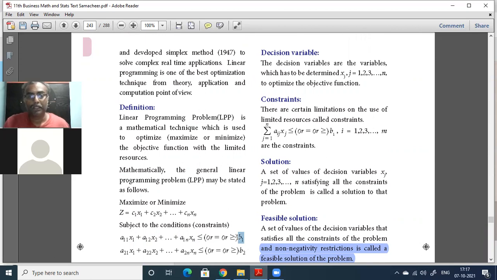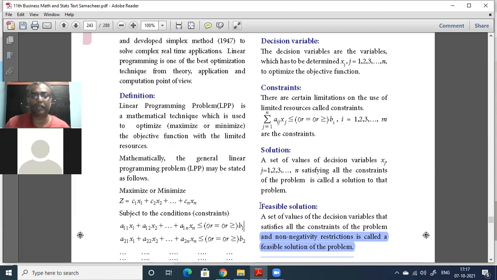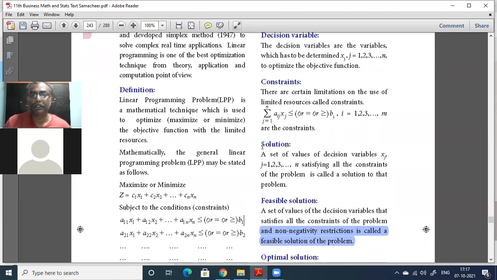Let us say the budget for manufacturing type 1 tires for Ford is only 10,000 rupees. Then that becomes a constraint. Within that constraint, the number of x1 type tires, x2 type tires, x3 type tires you manufacture, and at what cost, all that together must be less than or equal to B1. Okay, that is a constraint.